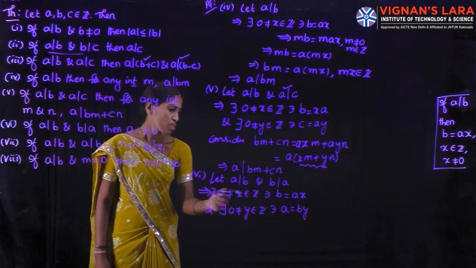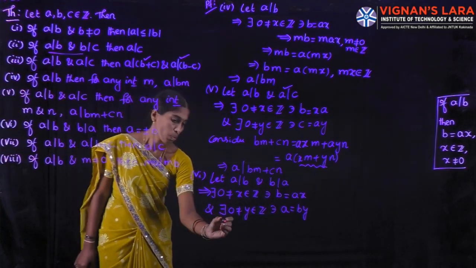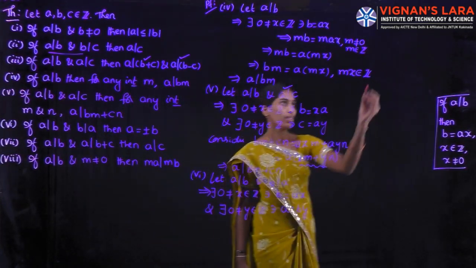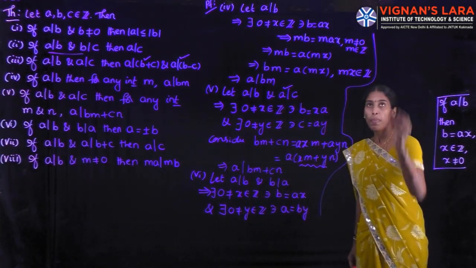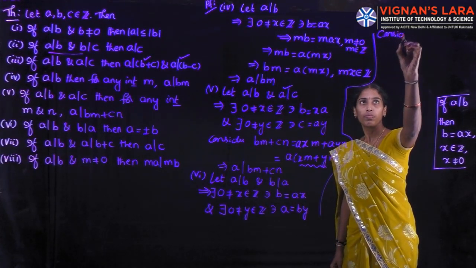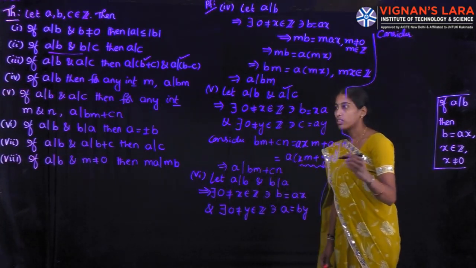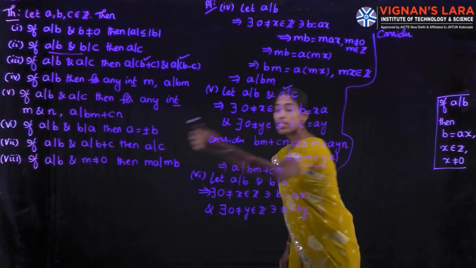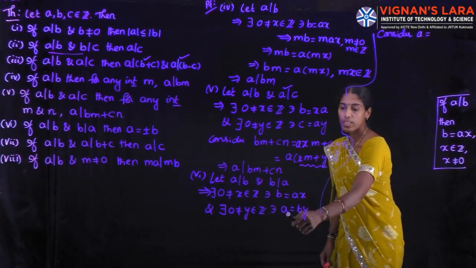Now, if you observe these two, we need to prove that A is equal to plus or minus B. So consider A. What is the A value here?